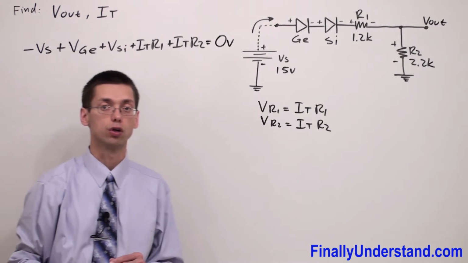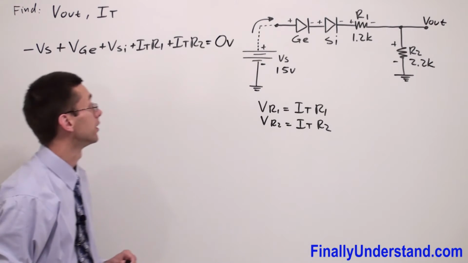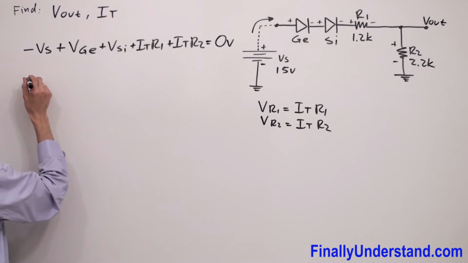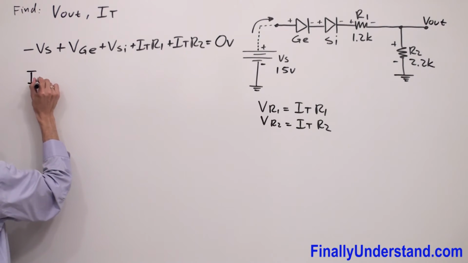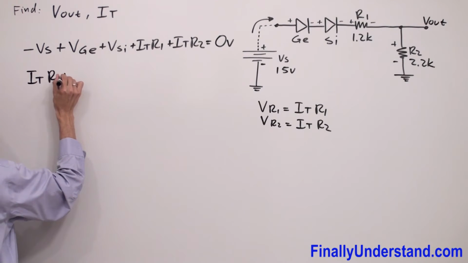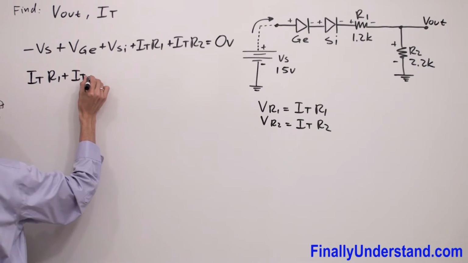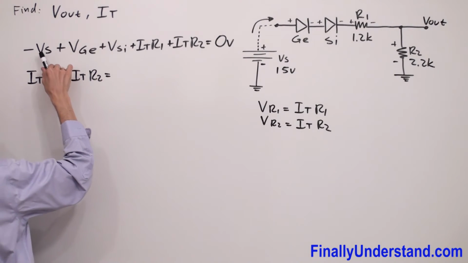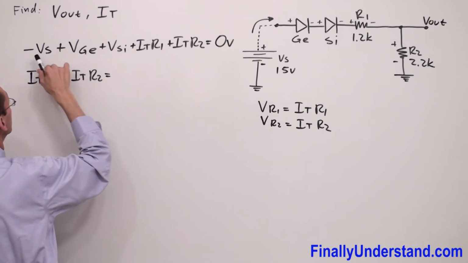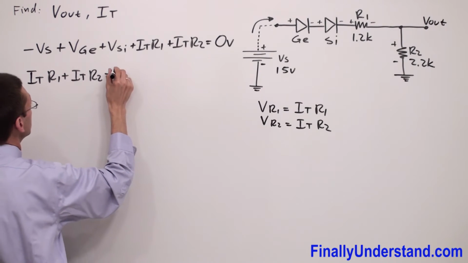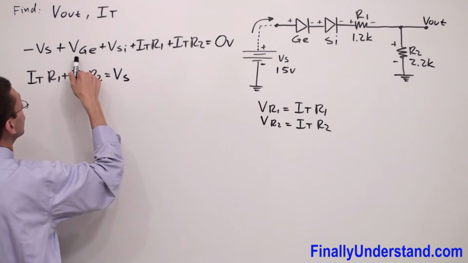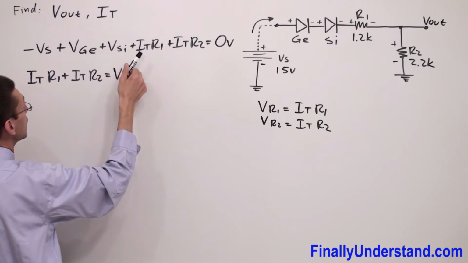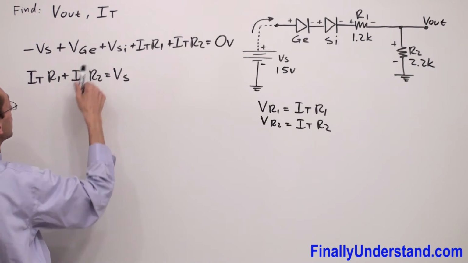Next, we're supposed to solve this equation for I total, the total current. So I'm going to have I total R1 plus I total R2 is equal to, I have to move my Vs to the right side, so I have to change the sign from negative to positive, so I have Vs. I also have to move VGE and VSI to the right side because I do not have I total next to them.